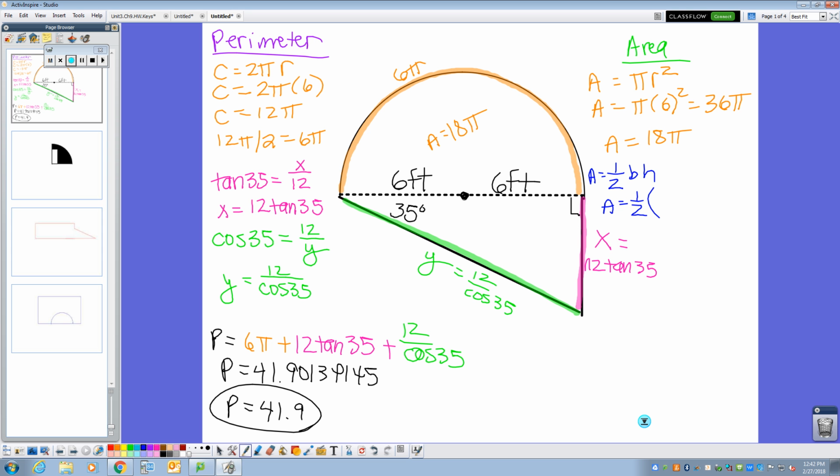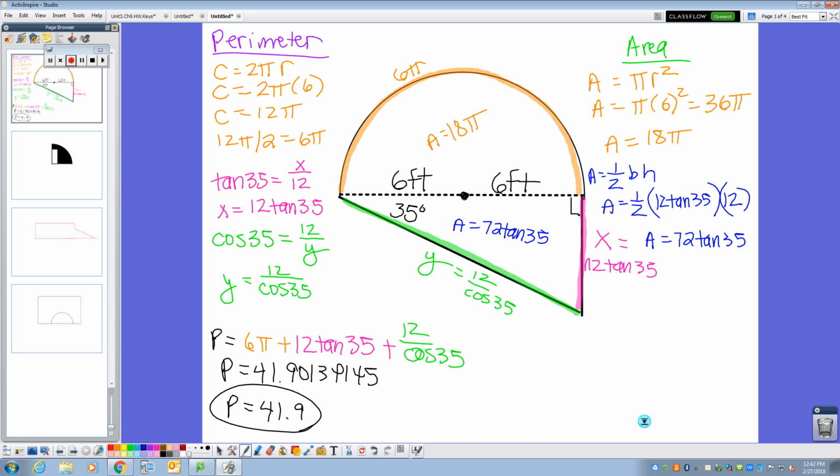And in my case, my base is 12 tan 35 and my height is 12. And so that area ends up being 72 tan 35. I don't usually write the decimals until the very end.